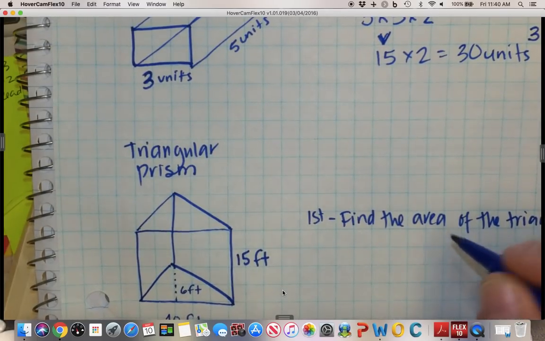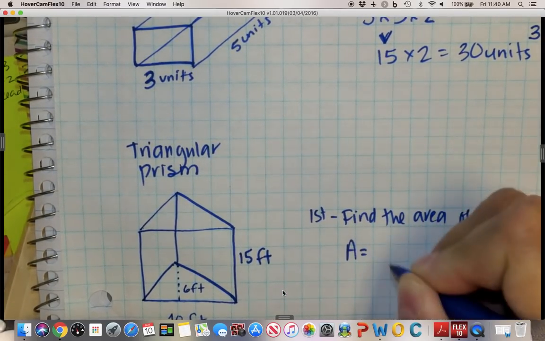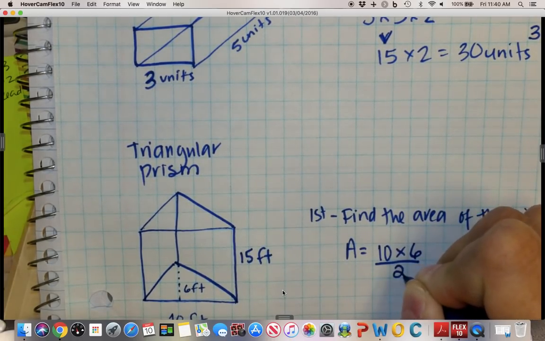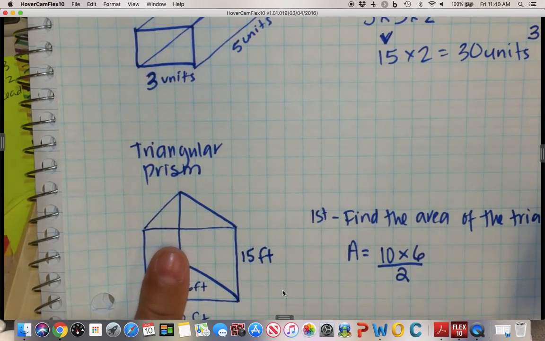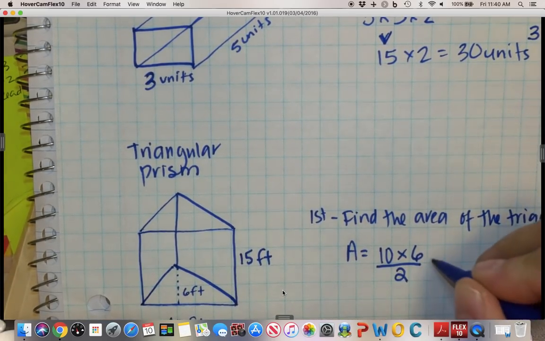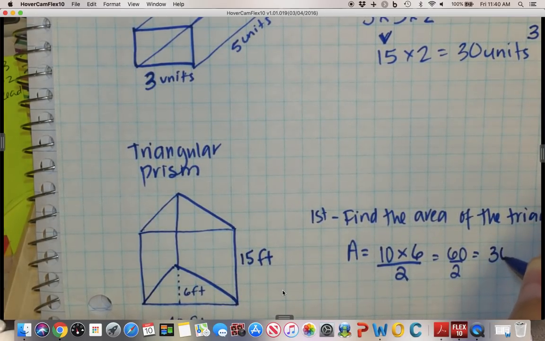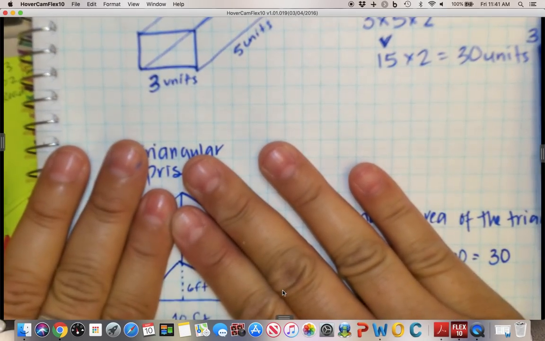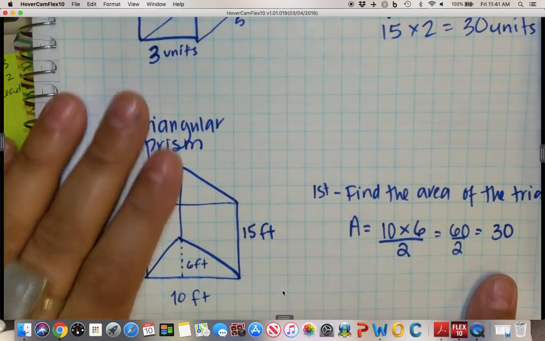And that is going to be 10 times 6 divided by 2. Base times height divided by 2. So the area of one triangle is 30.